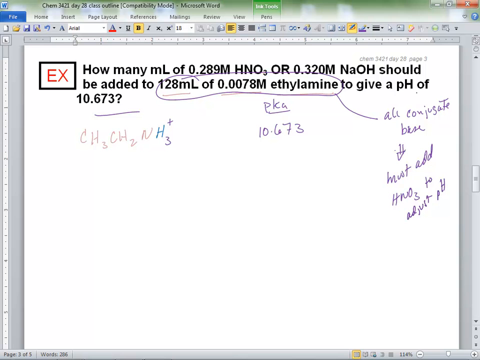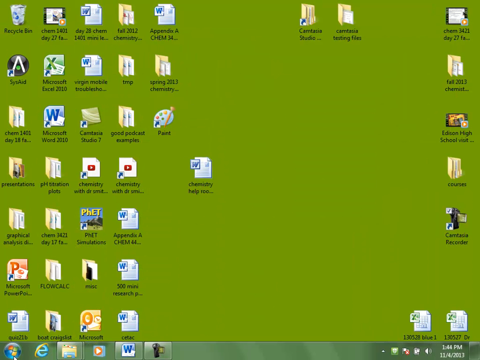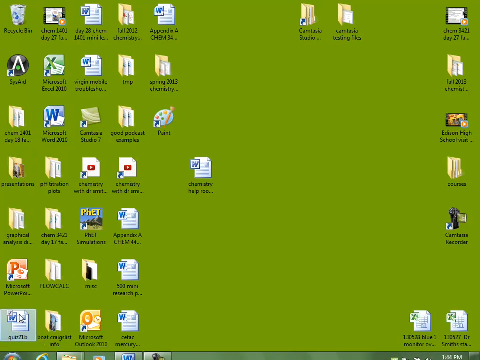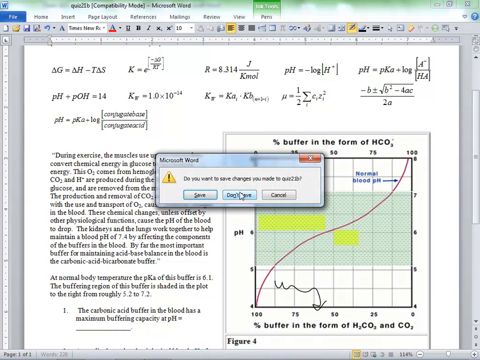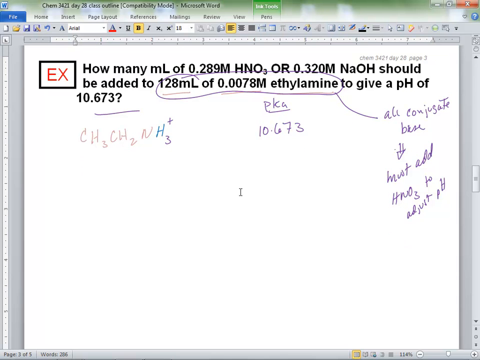Go way outside the buffer region, kind of like that quiz. You remember that? Where did it go? Here it is. You add base, and you're just going to be way down here. Go further down. You're way outside the buffer region. It ain't going to work. The question wouldn't even be realistic then. Okay. So we're going to add HNO3.